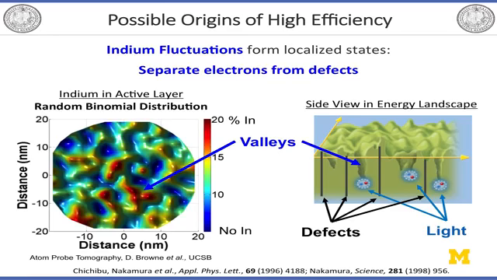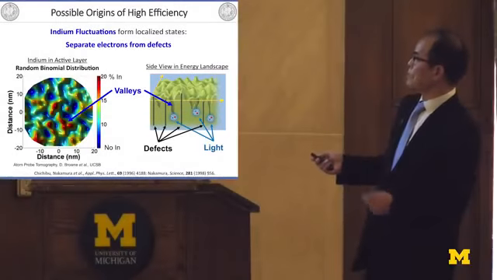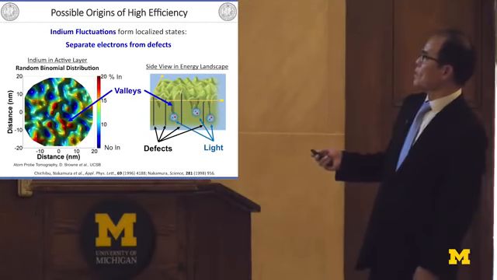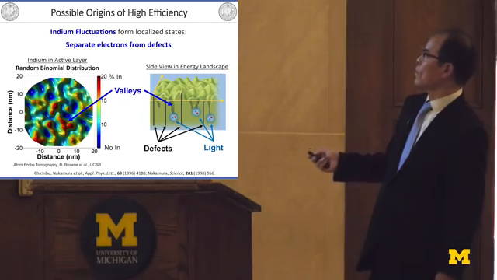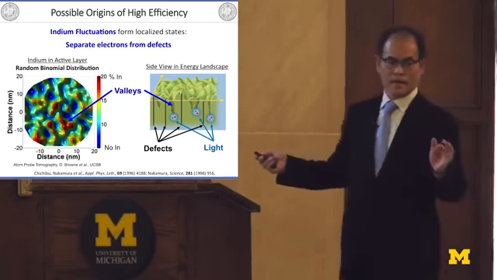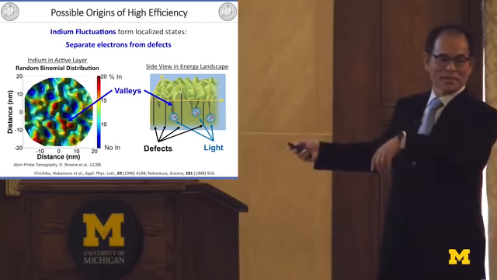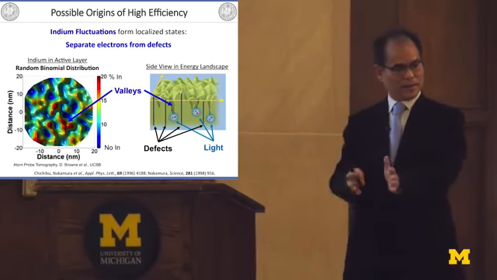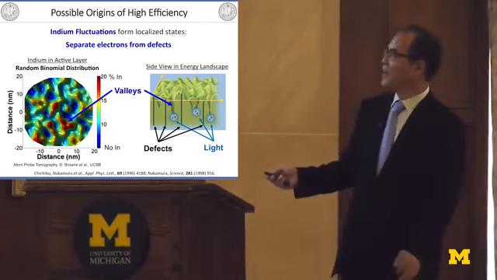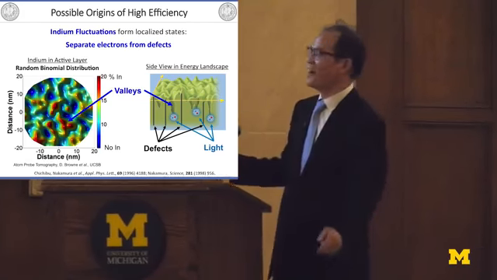But one idea is that there are a lot of localized states. So when electrons and holes are injected into indium gallium nitride, these electrons and holes are captured in these localized regions. A boy and a girl just get together, they date, and they emit light, something like that.